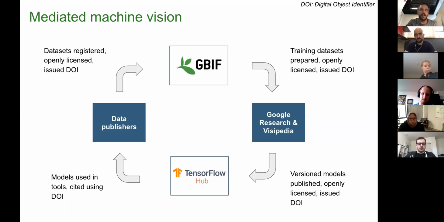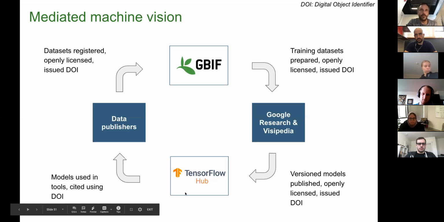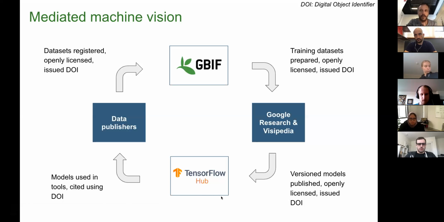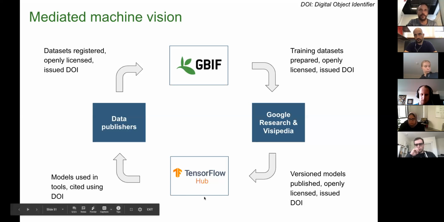So it's not just the data set, but the model that's trained also gets a DOI, and it's hosted on TensorFlow Hub. So in this case, the group that wants to make the mushroom recognition app would become a publisher on TensorFlow Hub.